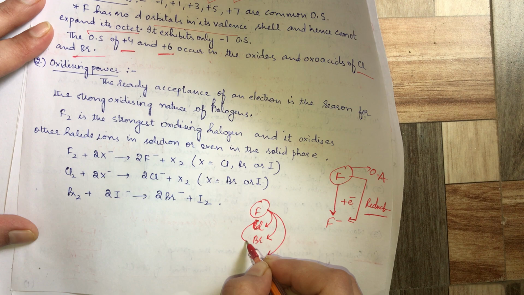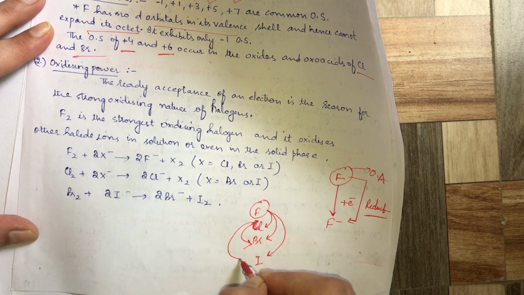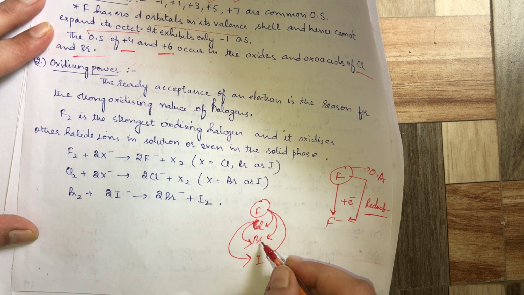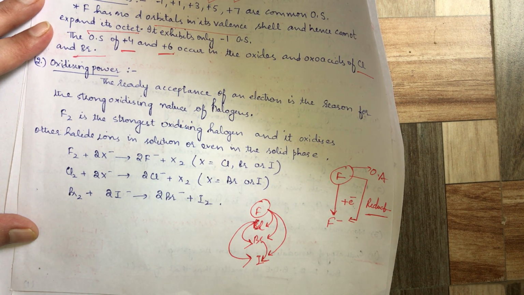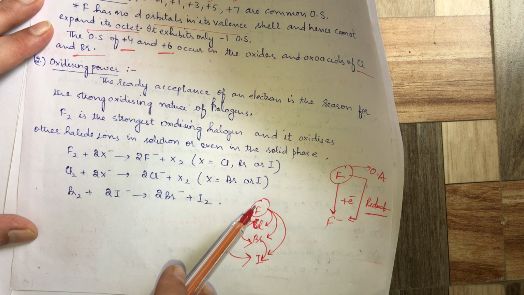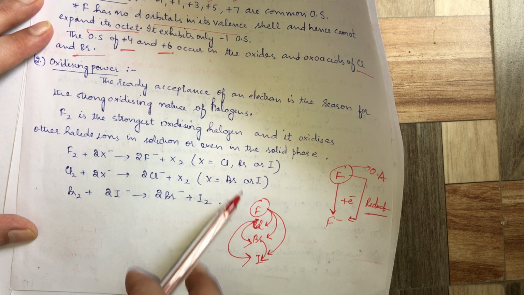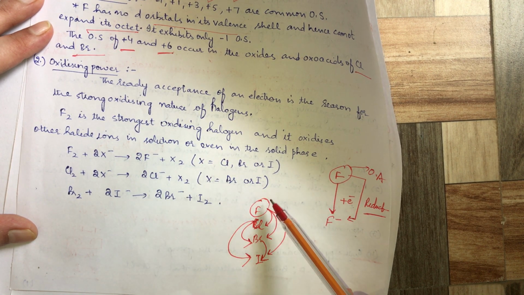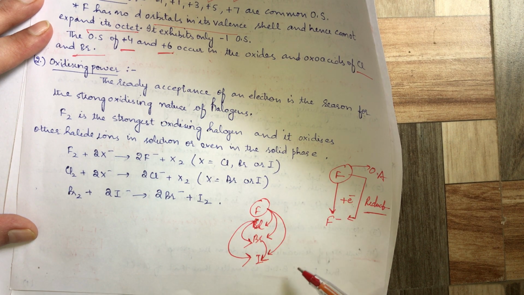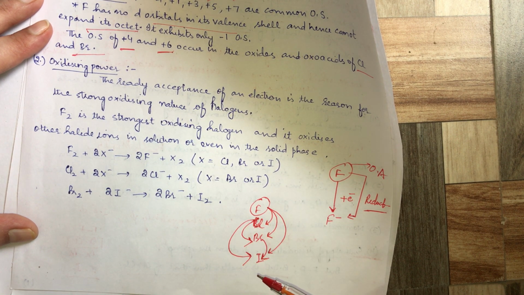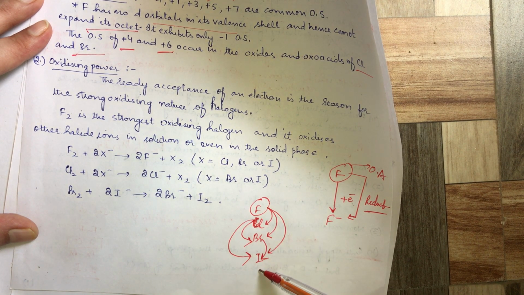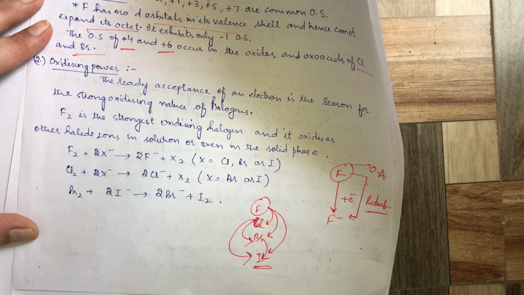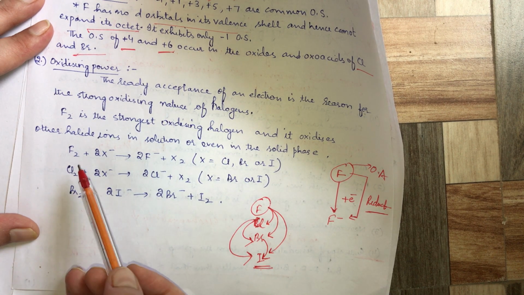Chlorine will only be able to reduce bromine and iodine, and bromine will only be able to reduce iodine. So I would repeat, the halogen which is above in the group will be able to reduce all the species which are under it, right? So fluorine will be able to reduce chlorine, bromine and iodine, and iodine will not be able to reduce any. So this is the point.